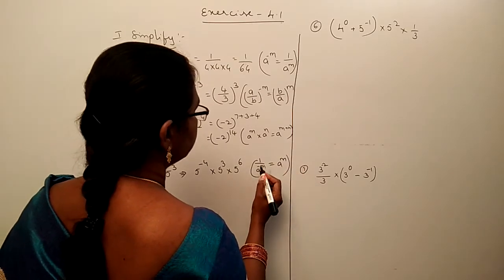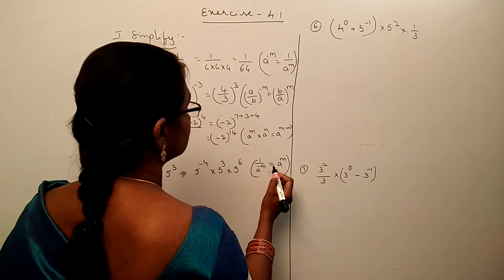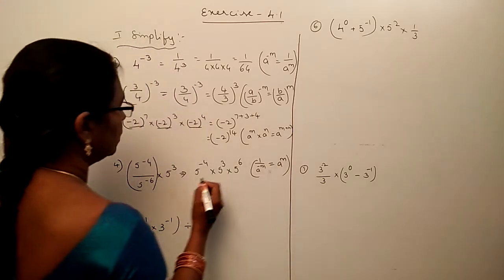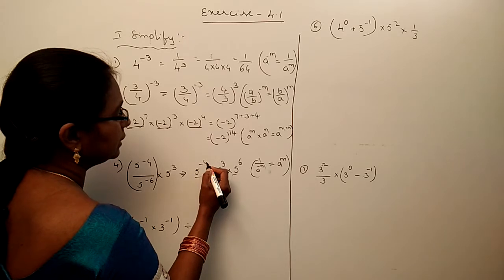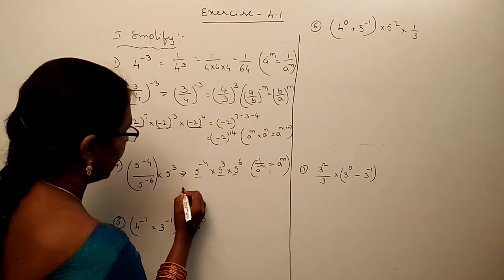What is the law? 1 by a to the power of minus m is equal to a to the power of m. Now bases are equal and the middle symbol is multiplication, then automatically the powers will be added.